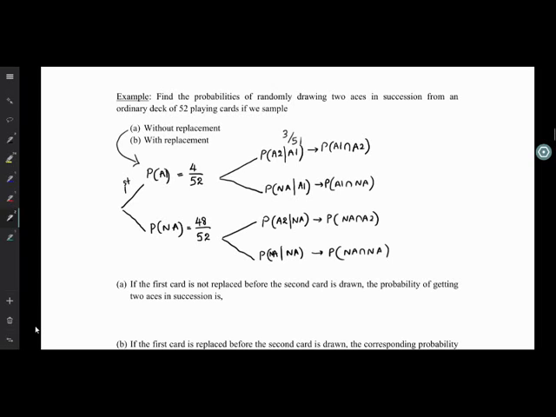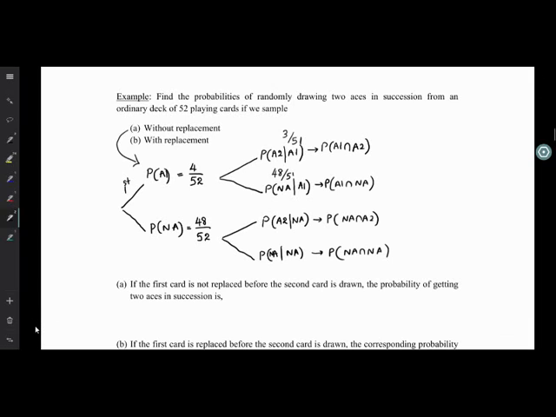So there are only 3 aces remaining, and in the whole deck we have only 51 cards. When you come to the next branch, what is that probability? The second is not an ace, but you know that the first is an ace. So there will be 48 non-ace cards, because we haven't touched them, out of 51.